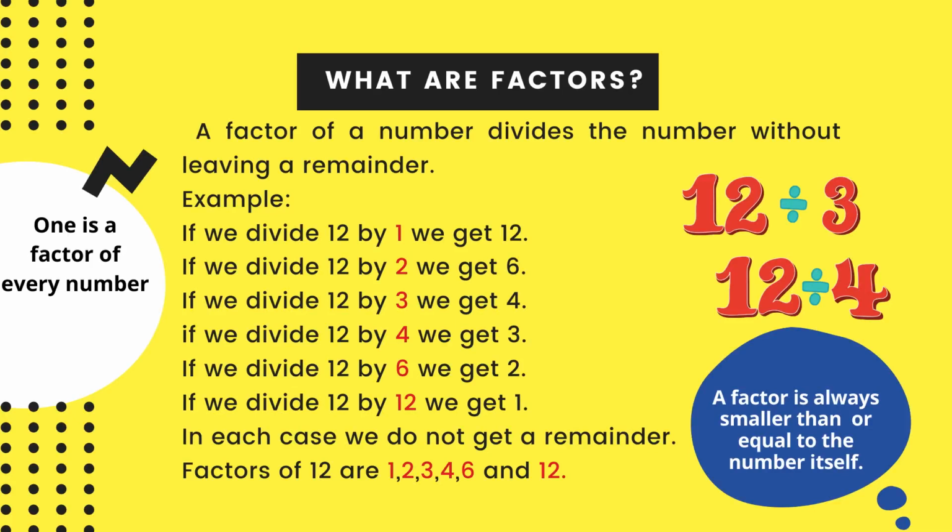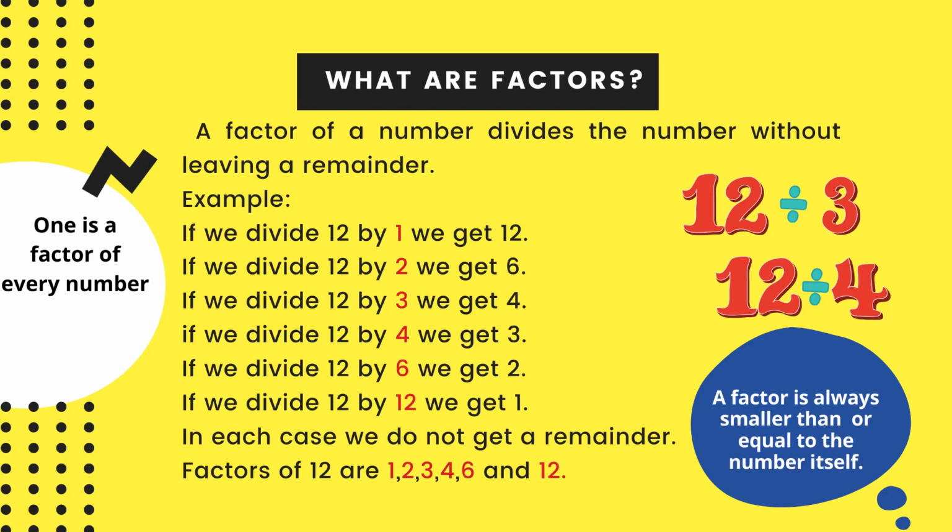So what are factors? A factor of a number is said to divide the number without leaving a remainder. For example, if we take the number 12, 12 can be divided by the numbers 1, 2, 3, 4, 6 and 12 without giving us a remainder.